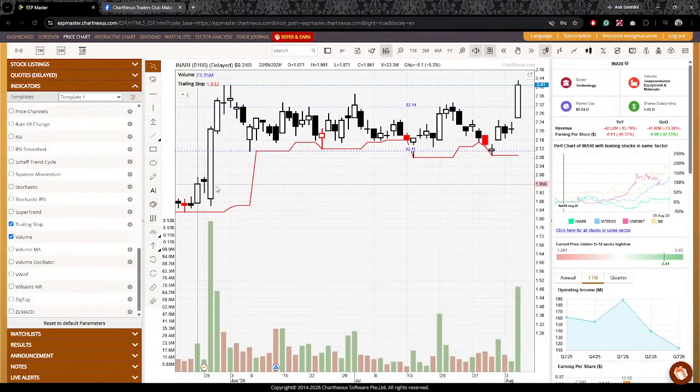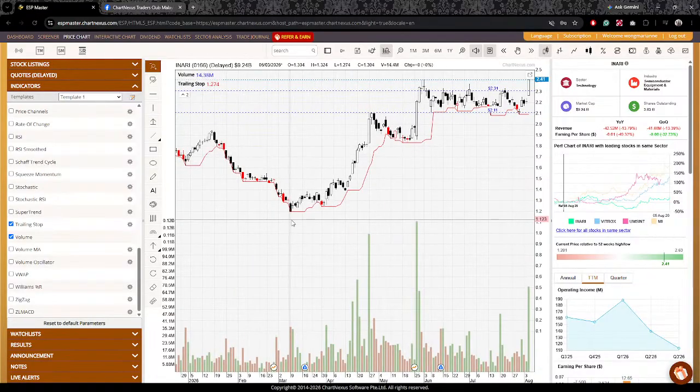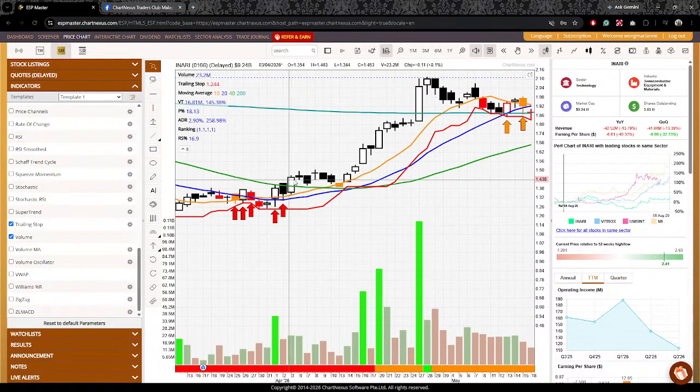It's a trailing stop whereby it will move higher and higher as the stock price moves as well. You can see over here, this was one of the exit points. There was a signal here, a swing master signal. We use this as an example since we are in Inari.